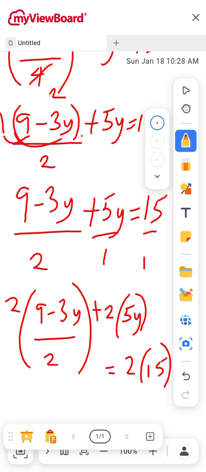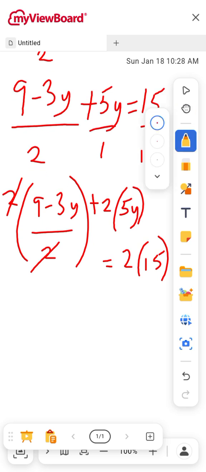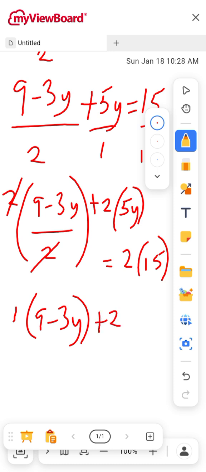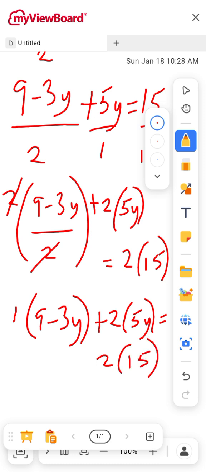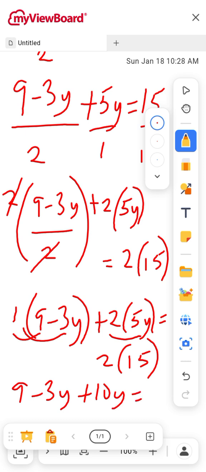Here 2 can cancel 2. So I'm left with 1 into bracket 9 minus 3y plus 2 into bracket 5y equals 2 into bracket 15. Now let's open up our brackets. 1 times 9, that's 9. 1 times minus 3y is minus 3y, plus 2 times 5y, that's plus 10y, equals 2 multiplied by 15, that's 30.